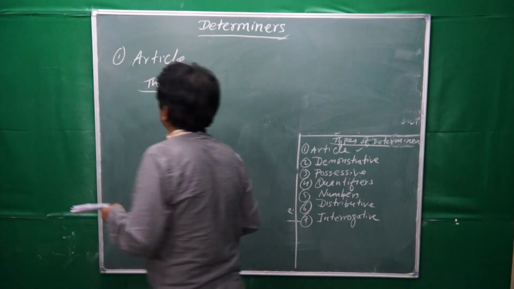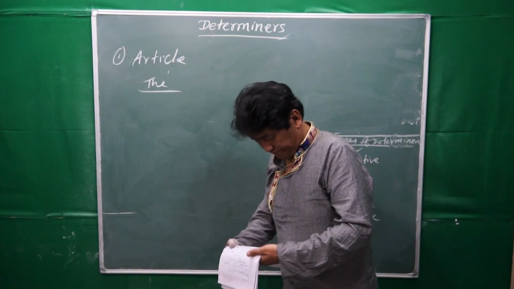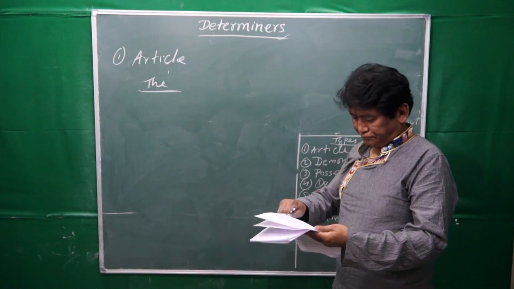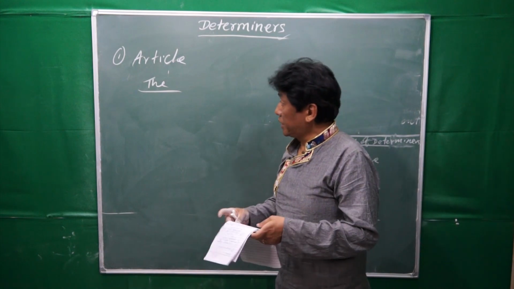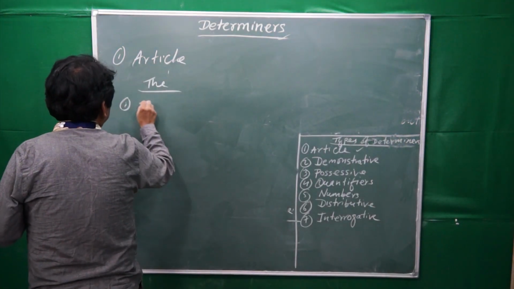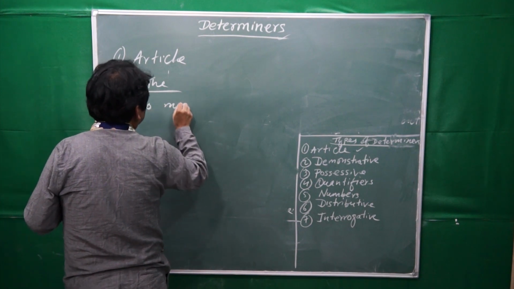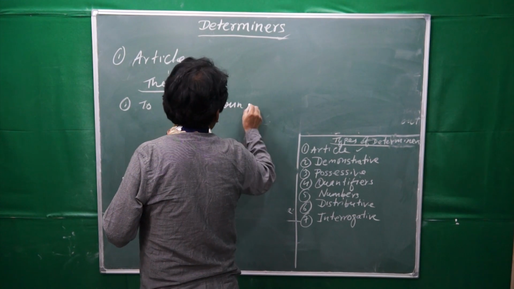The. Now it has got a long list of rules, in fact. Now this is used to make a noun specific. Rule number one is to make a noun specific.